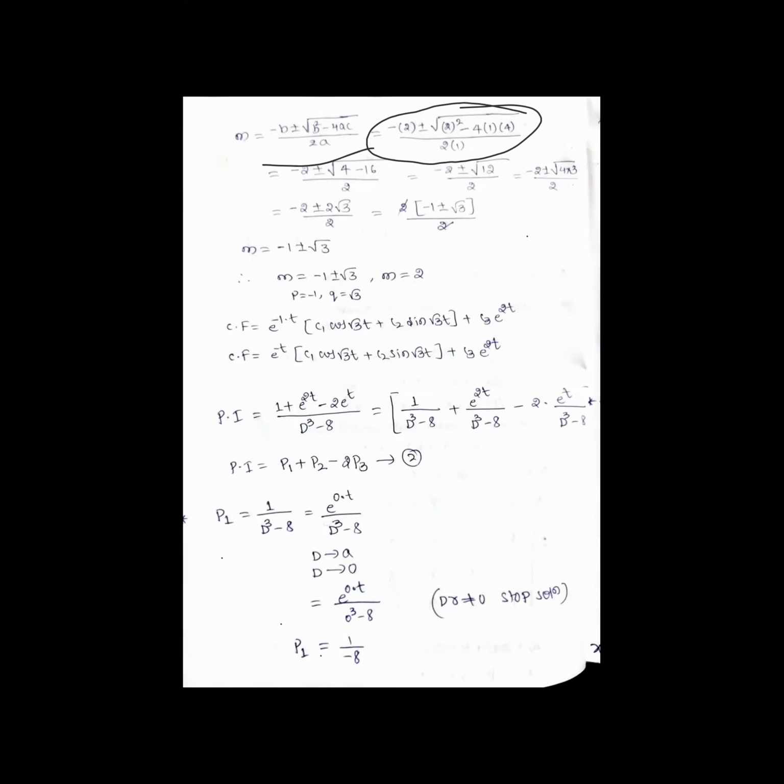Square root of 4 is 2, square root of 3 as it is. 2 is common, so minus 1 plus or minus square root of 3 divided by 2, 2 gets cancelled. So here the roots are minus 1 plus square root of 3 and minus 1 minus square root of 3.